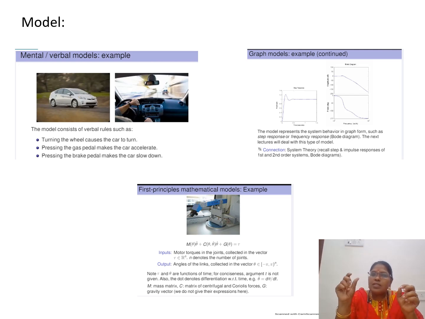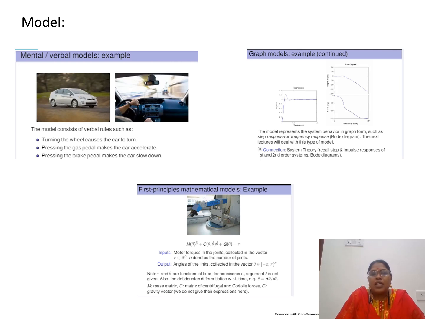For this liquid system, you first use the mass balance equation to develop the mathematical model by obtaining the differential equation. Once you get the differential equation, apply the Laplace transform and find the transfer function, that is the output of the system to the input of the system. That gives the transfer function, which is nothing but the mathematical model. Similarly, there are various models we have. We have studied this mathematical model in process control.